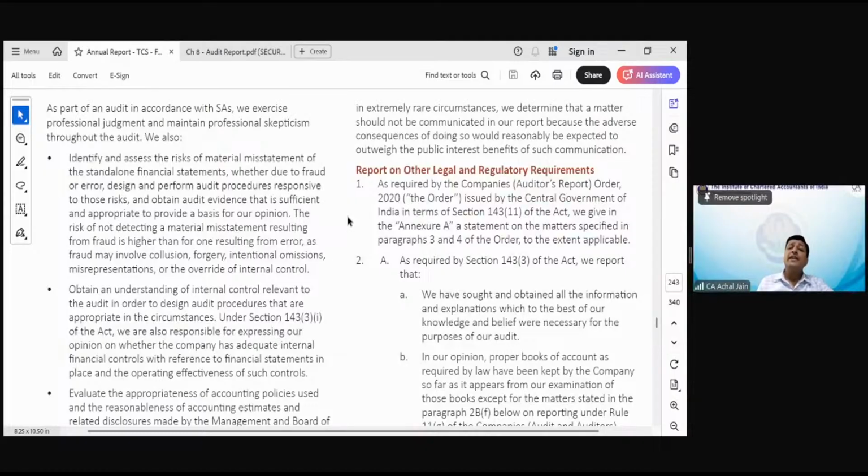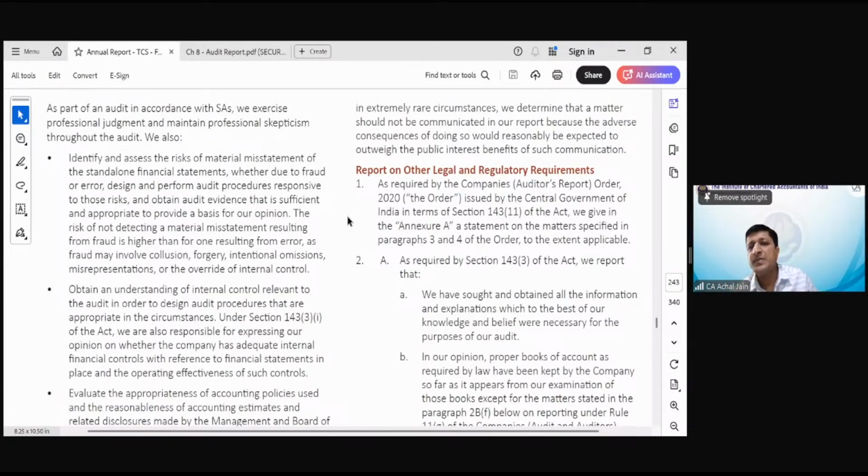Report on other legal and regulatory requirements. Now we are not talking about other information; other information we have discussed. Now this section talks about other legal and regulatory requirements. What does it mean?